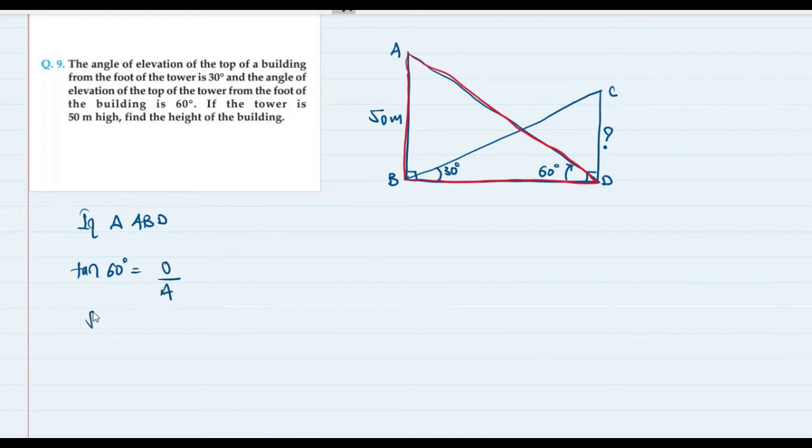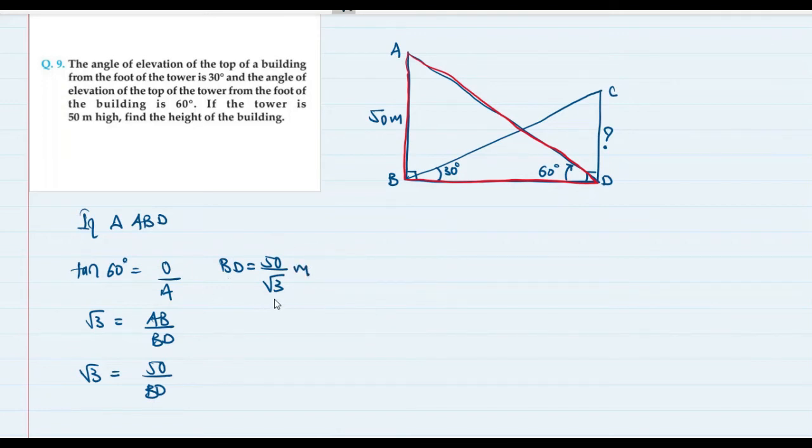Tan 60 is root 3, so root 3 is equal to AB, which is 50, by BD, which we don't know. So BD is equal to 50 by root 3 meter.